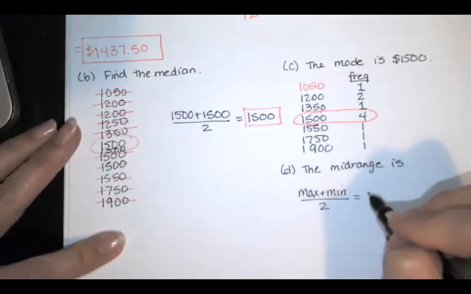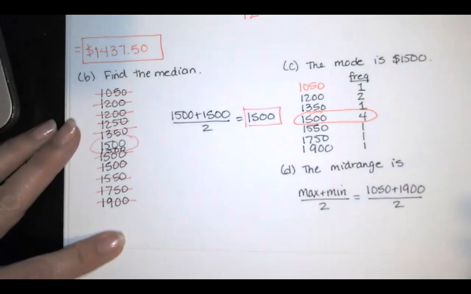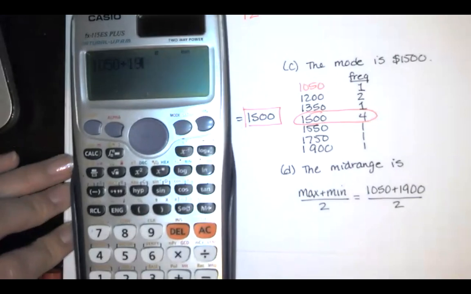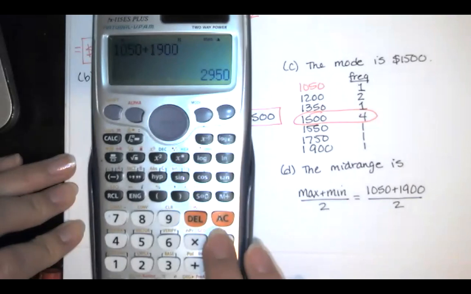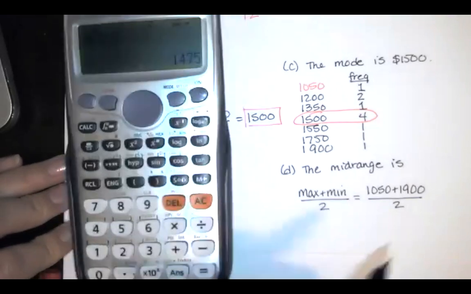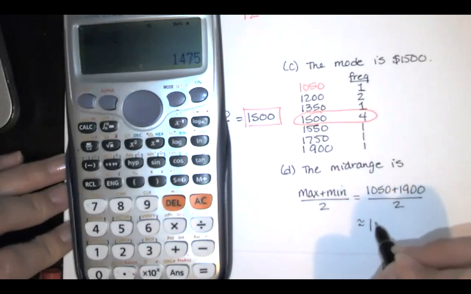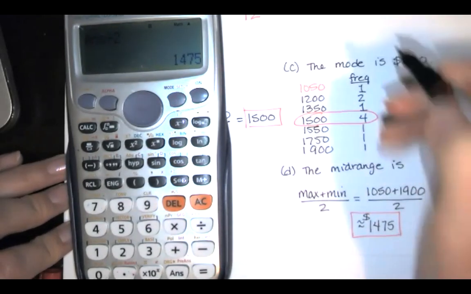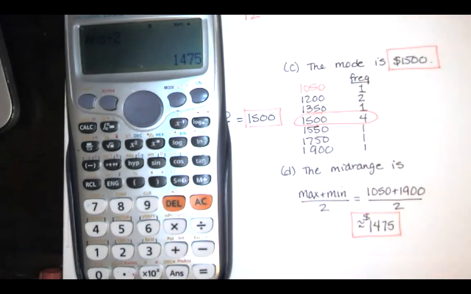So we've got this 1050 plus the 1900 divided by 2. We just add and divide by 2, no big deal. Make sure you add in the numerator first and then divide, or use parentheses. Otherwise, it'll only divide that 1900 by 2 if you're not careful. And we get 1475 as the mid-range. Okay.